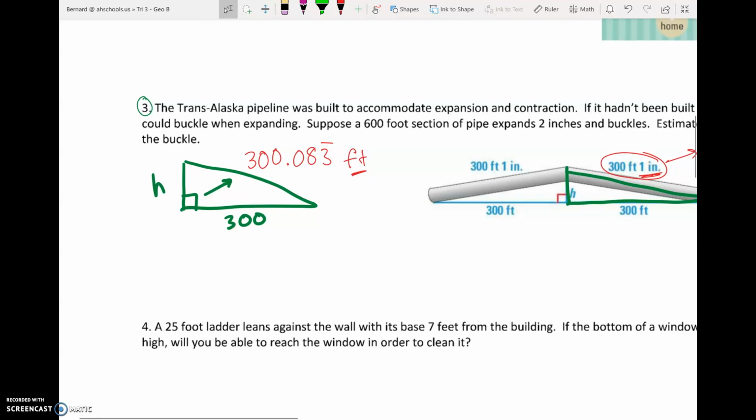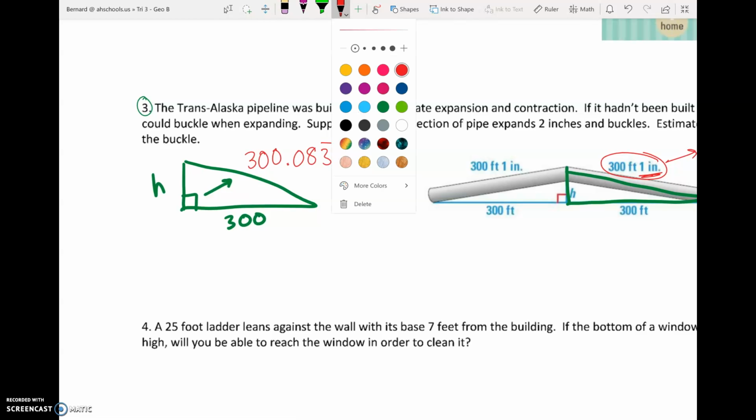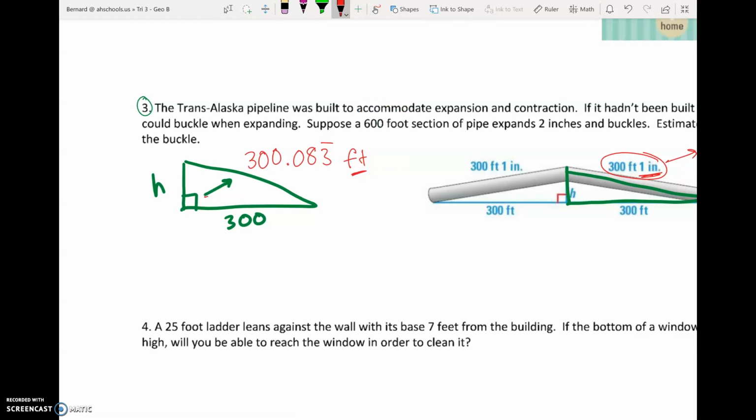Now we just want to perform the Pythagorean theorem and we'll have our answer. Remember, C is always our hypotenuse, across from the 90. So our setup is h squared plus 300 squared equals 300.083 repeating squared.